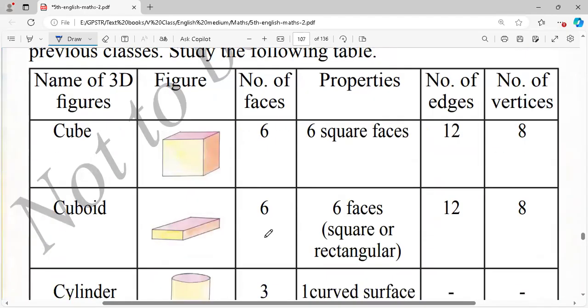Study the following table: name of the 3D figure, number of faces, properties, number of edges, number of vertices.